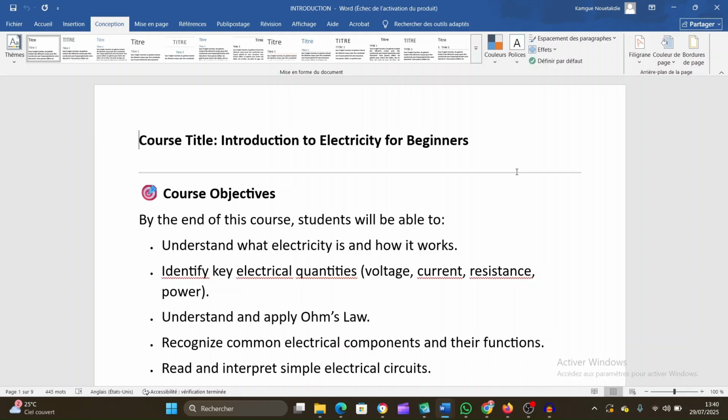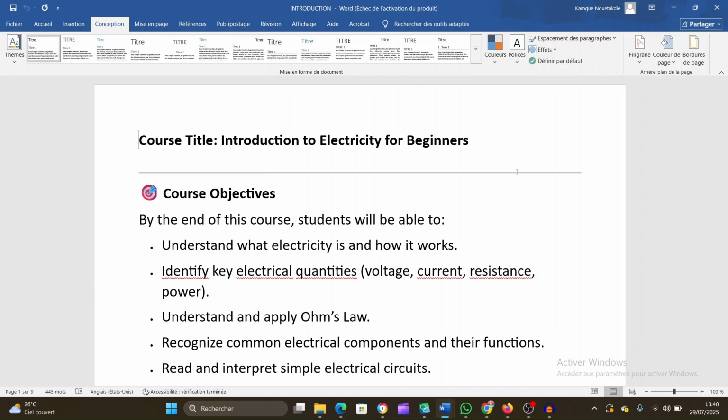The second objective is to identify the key electrical quantities, which are the voltage, the current, the resistance, and the power.